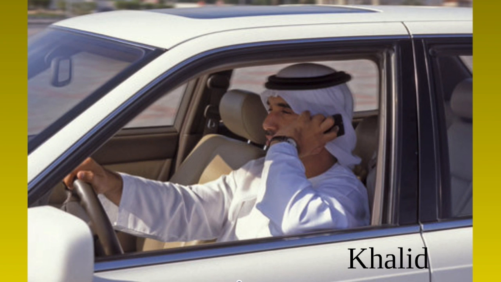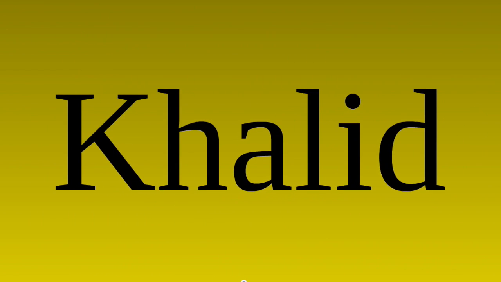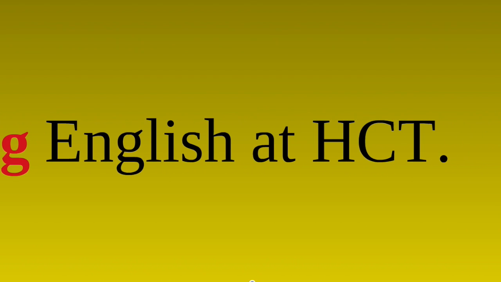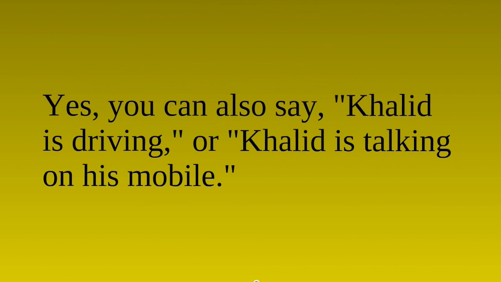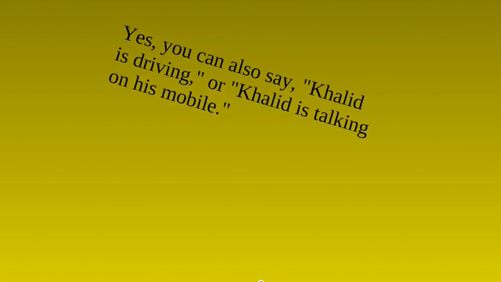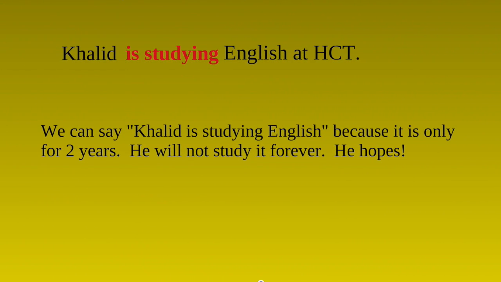This is Khalid. Khalid is studying English at HCT. Yes, you can also say Khalid is driving or Khalid is talking on his mobile. We can say Khalid is studying English because it is only for 2 years. He will not study it forever, he hopes.